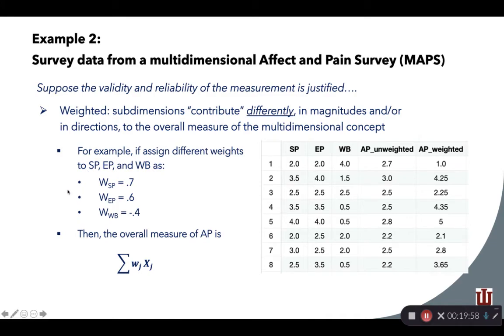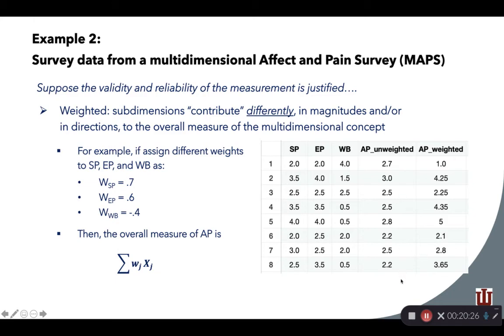For example, if we assign a weight to each of the subdimensions like this, the somatosensory will be weighted at 0.7, the emotional pain at 0.6, and the well-being at negative 0.4. Then the overall measure can be computed using this formula, and you will have results like this.